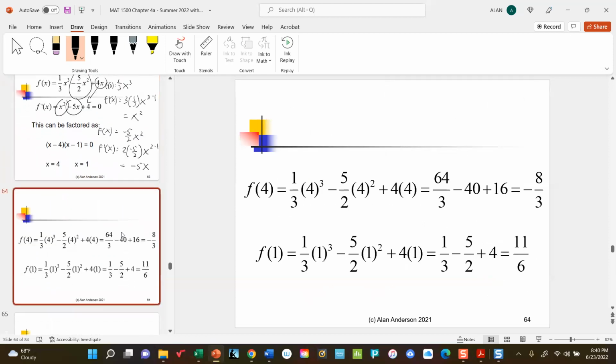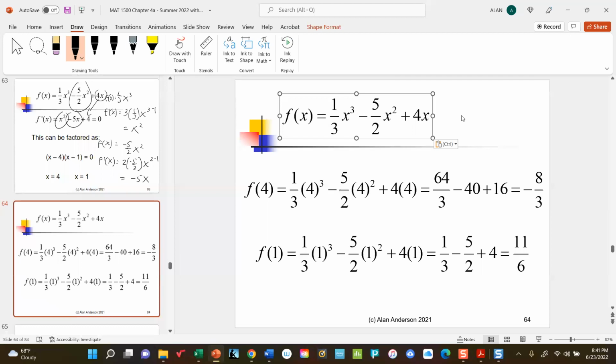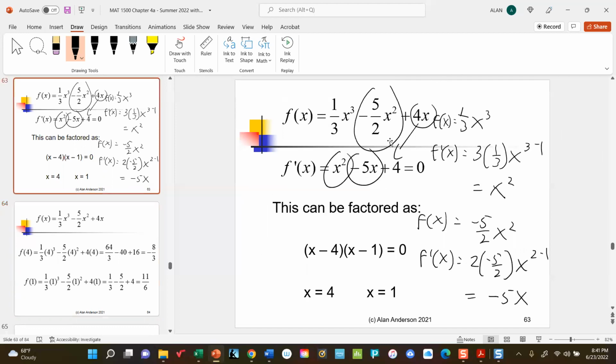That's a simple matter of plugging them into the original function, which is right here. And so f of 4, you literally just replace all the x's with 4s, and you can see it's -8/3. That is hard to see on a graph.